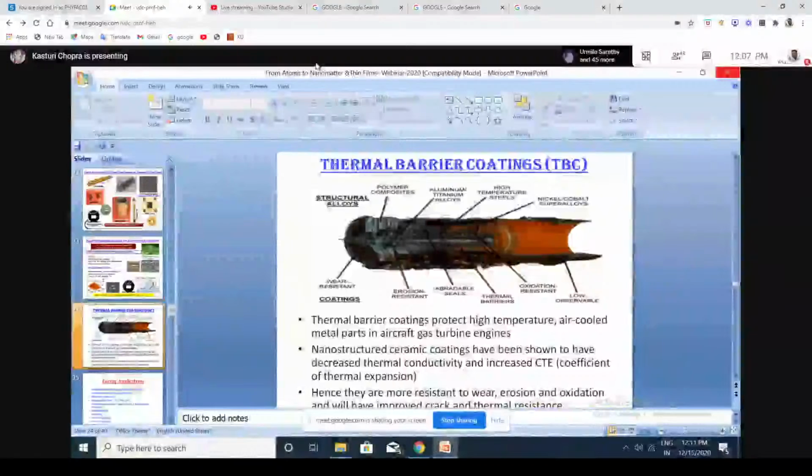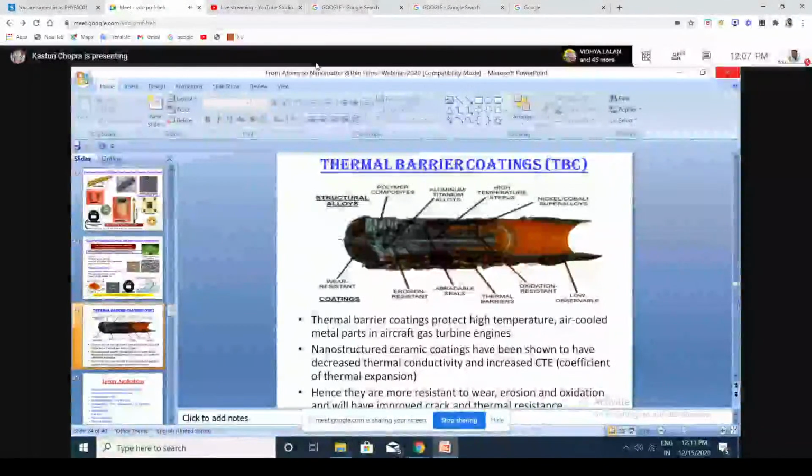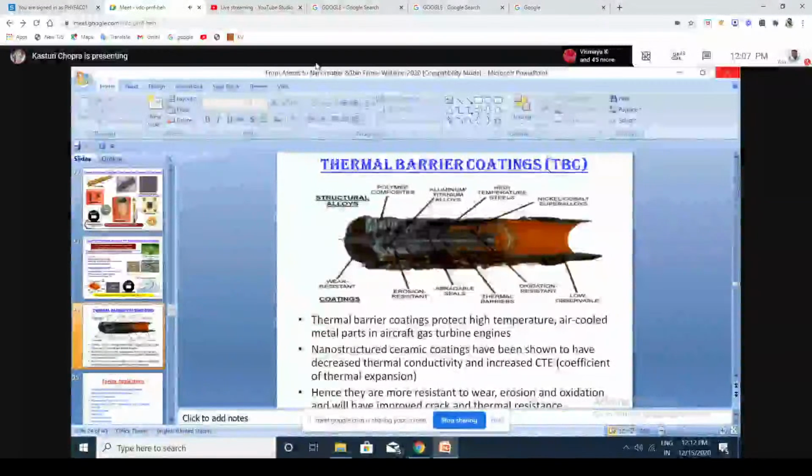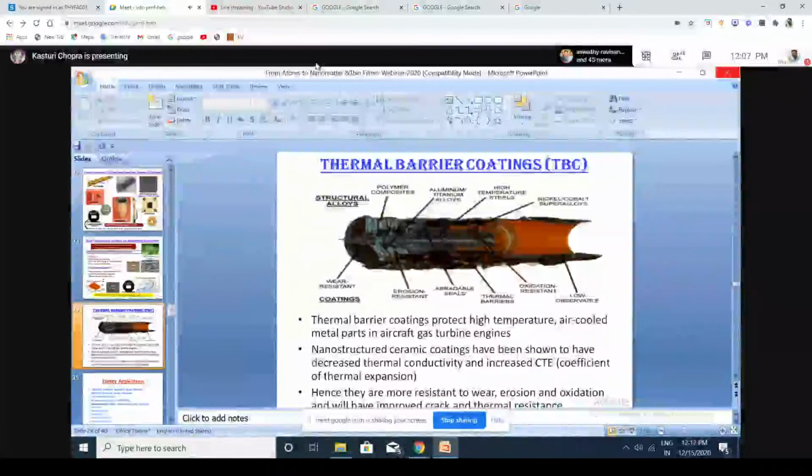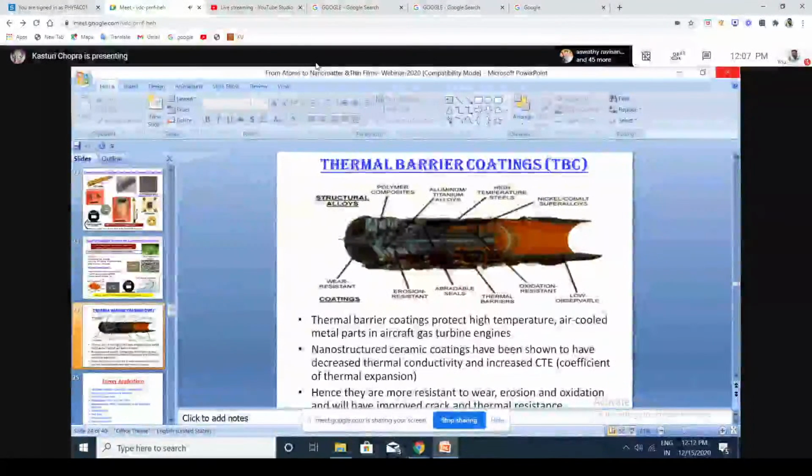This is just to emphasize where this technology goes in so many areas, like thermal barrier coatings, for example, on turbines. Aircraft actually use a lot of thin film technology. But thermal barriers are used in a lot of places: oxidation resistance, thermal barriers, nanostructure ceramic coatings to increase their strength.